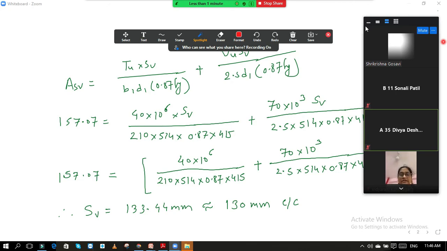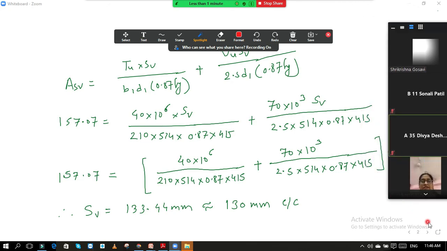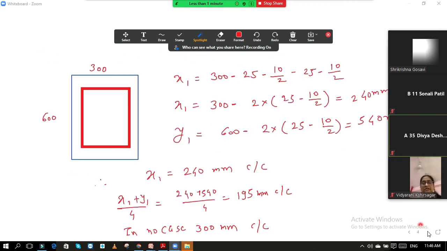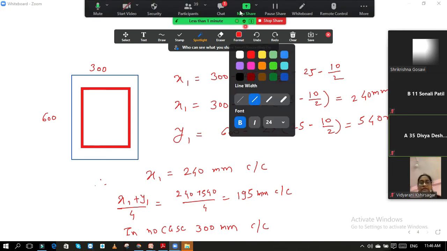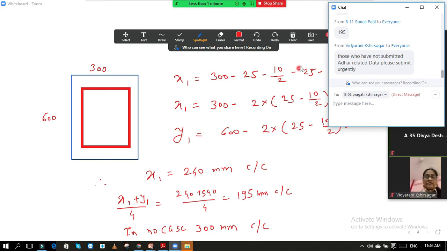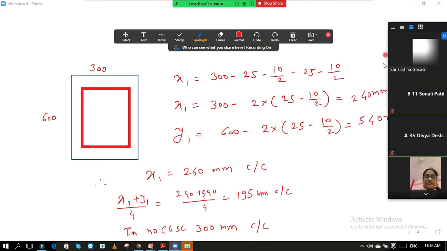First is 130 mm, second value is 185 mm, third value is 240 mm, fourth value is 195 mm, and fifth value is 300 mm. So out of these, only the 130 mm value is less, so we can provide these stirrups now.